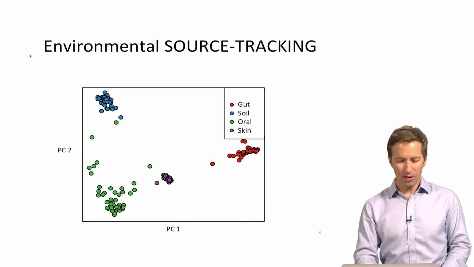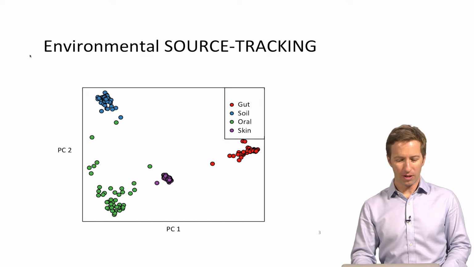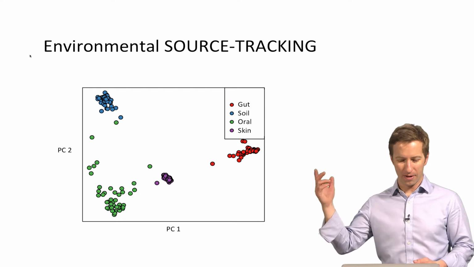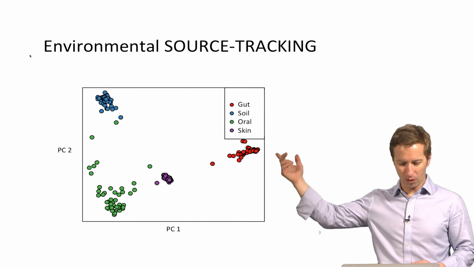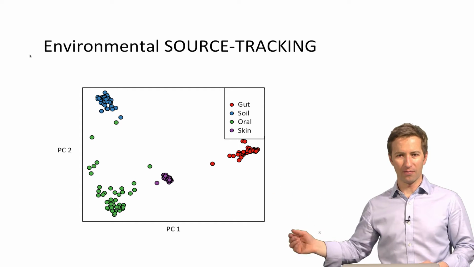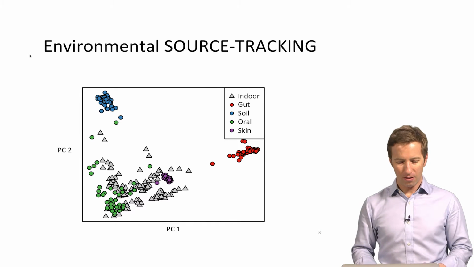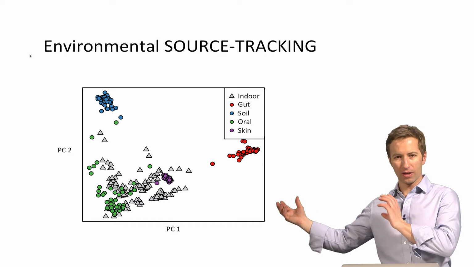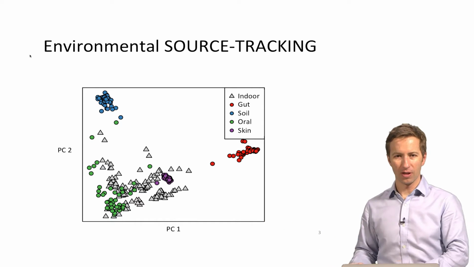And we knew that we could characterize communities in some of the potential source environments, such as gut and soil environments, oral environments, skin environments. And then we had all of these indoor samples, and we wanted to know what were the contributions of the source environments to the indoor samples.